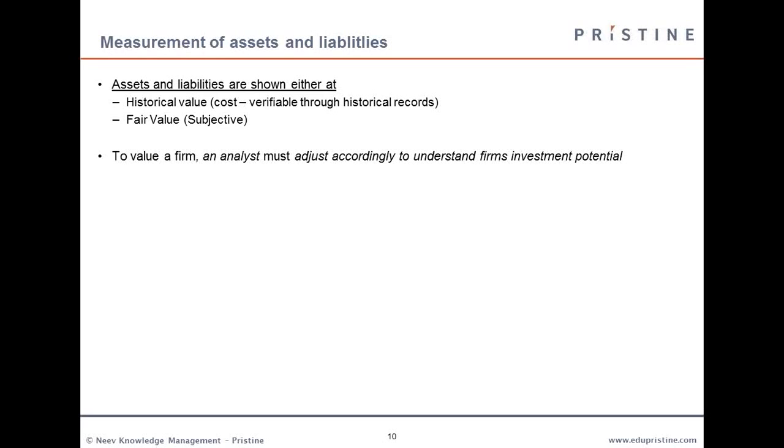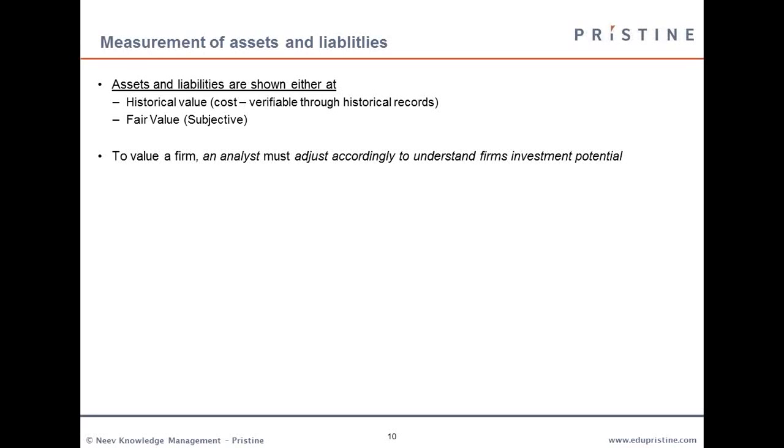So these are the two methods. Historical value: whatever the records say, you report that. Fair value is subjective, it will change over the course of time. So that's two ways of doing it.